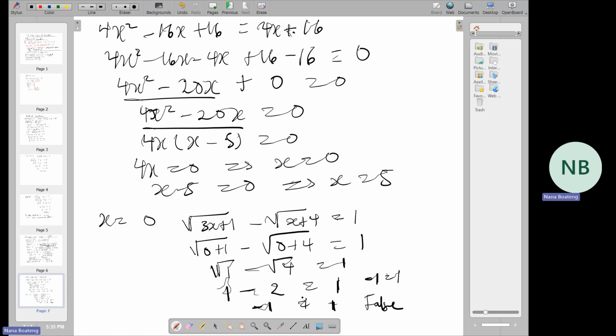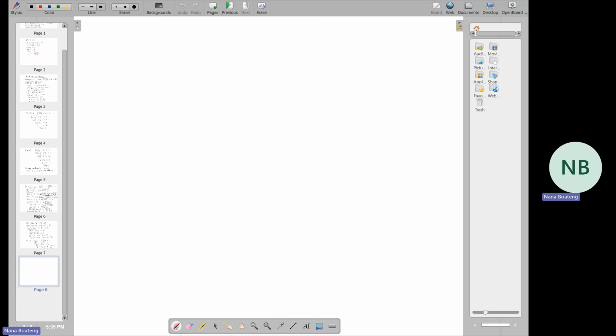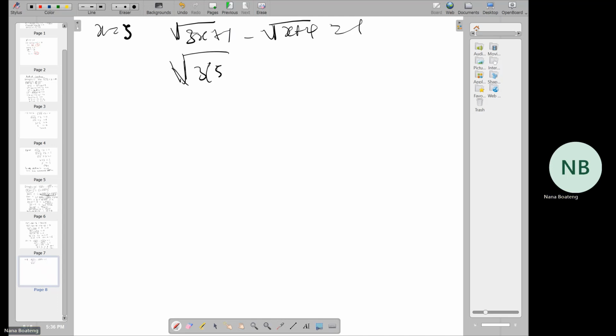So let's test the other solution, when x is equal to 5. Let's substitute into the original equation, which is square root of 3x plus 1 minus the square root of x plus 4 is equal to 1. So when x is equal to 5, we have square root of 3 times 5 plus 1 minus the square root of 5 plus 4 is equal to 1.